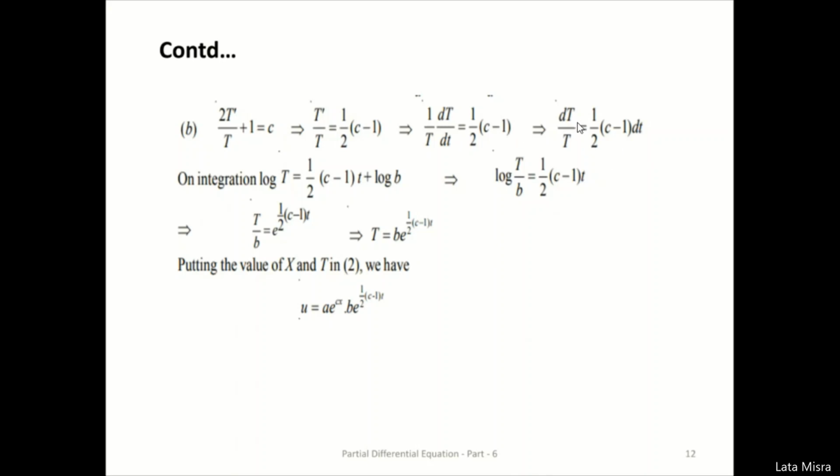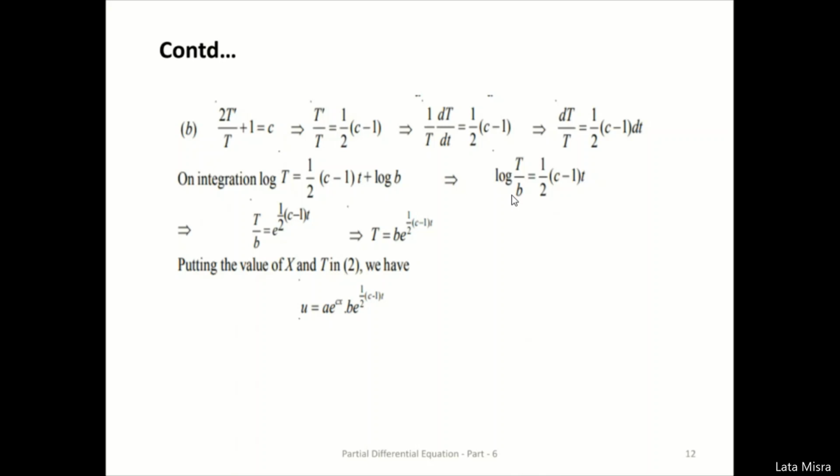Now separating the variables, we get dT/T equals 1/(2c minus 1) dt. After integration, we get log T equals 1/(2c minus 1) t plus log b, and log b is an integrating constant.